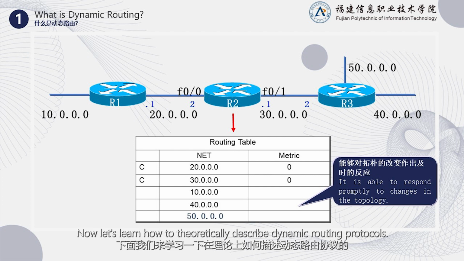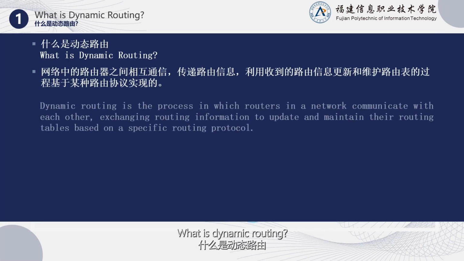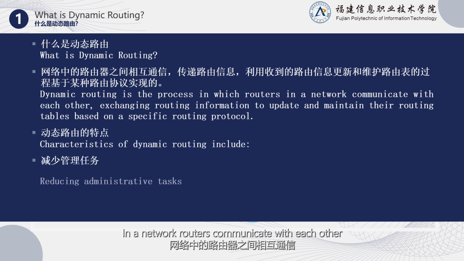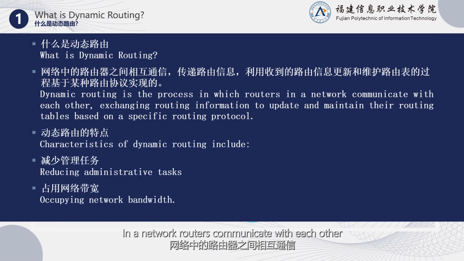Now, let's learn how to theoretically describe dynamic routing protocols. What is dynamic routing? In a network, routers communicate with each other, exchanging routing information, and using the received routing information to update and maintain routing tables. This process is known as dynamic routing.